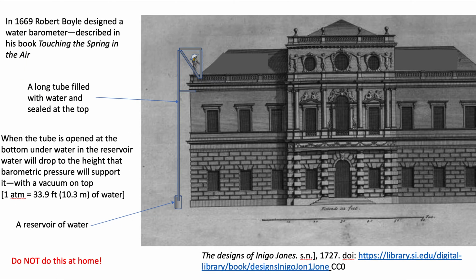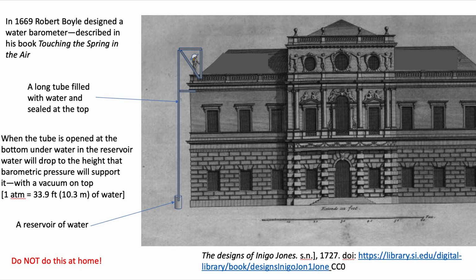And we look at this one where he produced a water barometer. Often barometers in the early days were sealed tubes of mercury, where the seal was at the top and the mercury tube was opened under a reservoir of mercury.